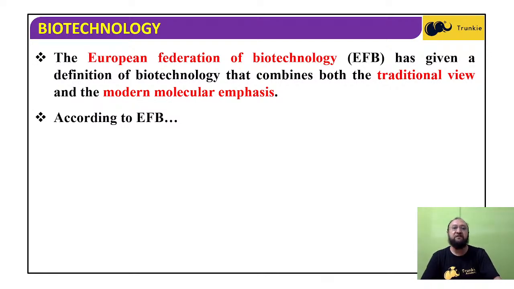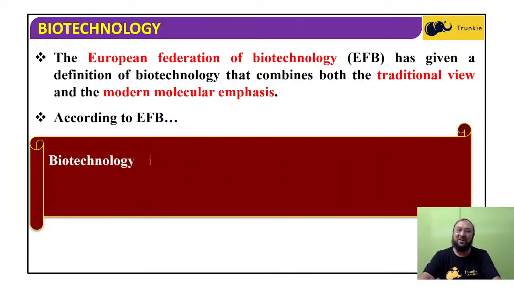Now, the European Federation of Biotechnology (EFB) has given a definition of biotechnology that combines both the traditional view and the modern molecular emphasis, because we cannot ignore the traditional view. So what is that definition?